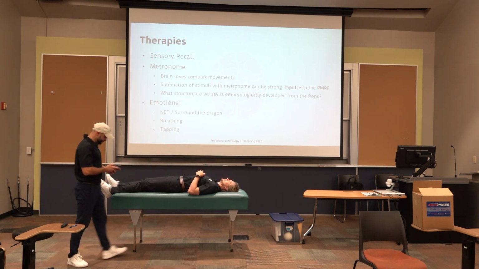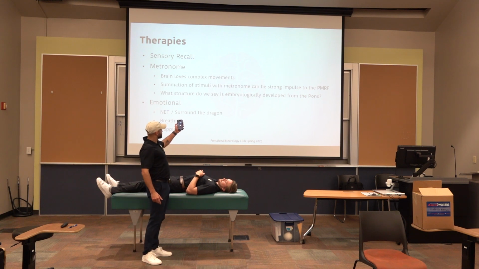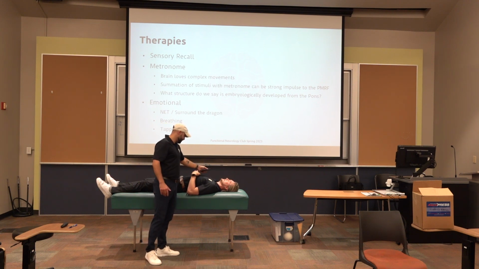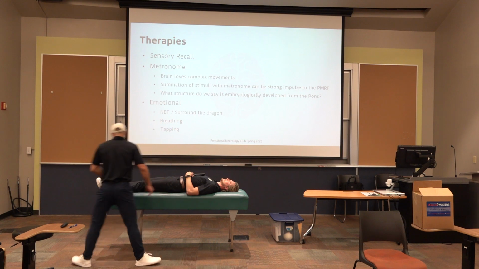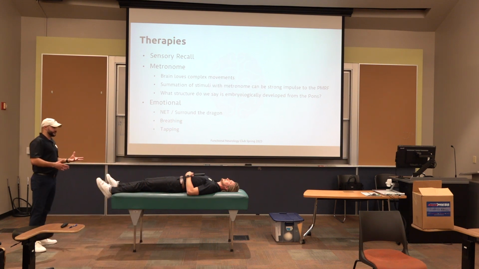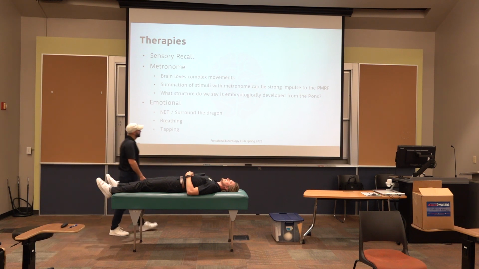Okay. So I have a metronome set at 60 BPM. It's nice, stable. I think the frequency of the earth is 58, so you can do that if you're trying to tap in there. So, steady beats. I'm going to have the patient close their eyes.